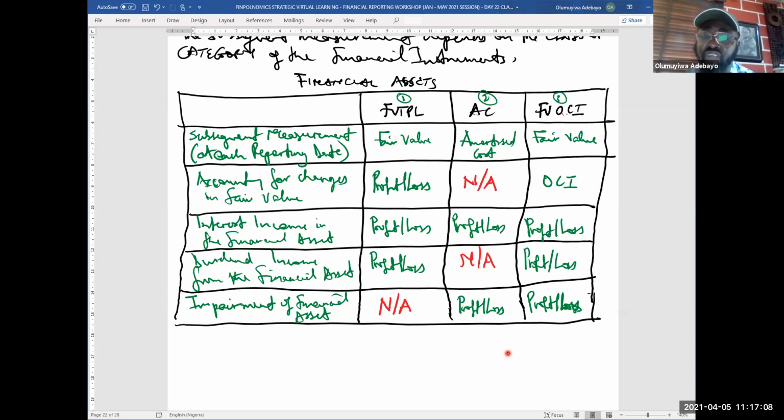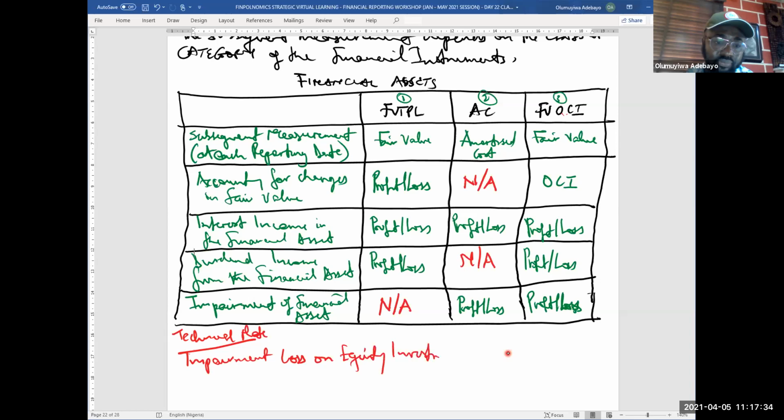But not all financial assets can their impairment loss be reversed. Technical note: impairment loss on equity investments cannot be reversed.